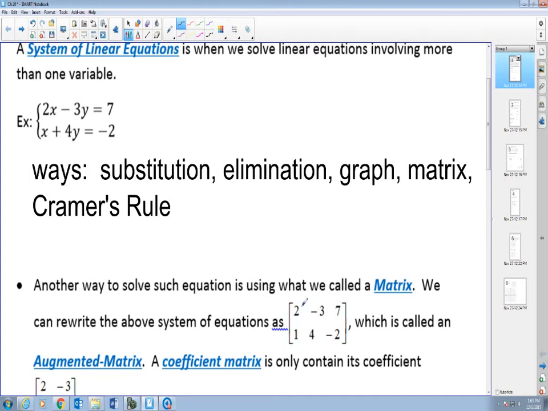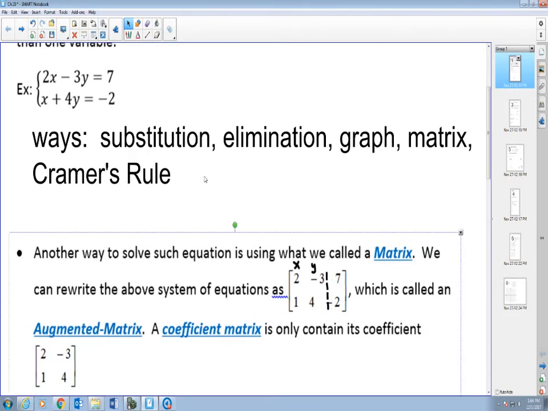So my first column is the variable x, the second column is the variable y, and my third column, 7 and -2, was on the other side of the equal sign. Technically there's a dashed line that goes right here that we do not enter into the matrix, but it's there.